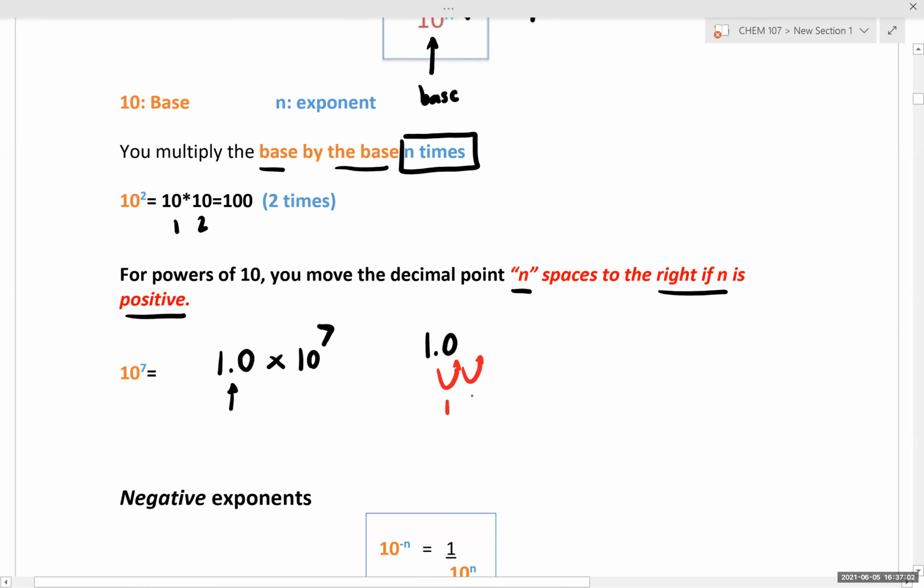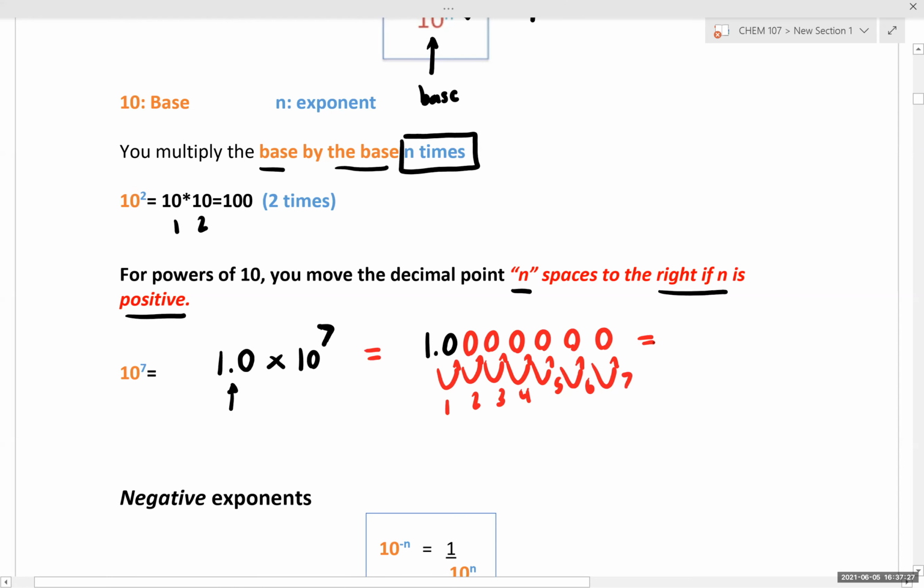1, 2, 3, and I always like to put a placeholder 0 every time I move. 1, 2, placeholder 0, 3, placeholder 0, 4, placeholder 0, 5, placeholder 0, 6, placeholder 0, 7, placeholder 0.